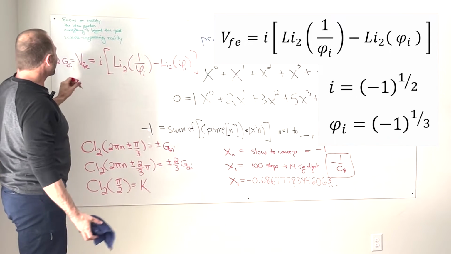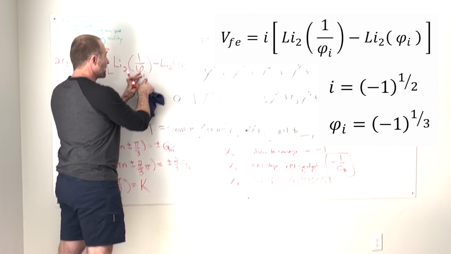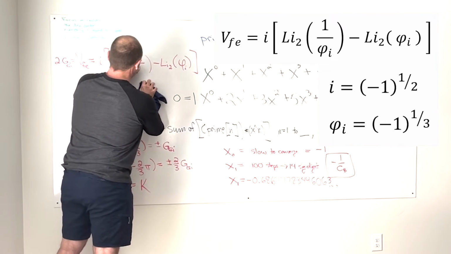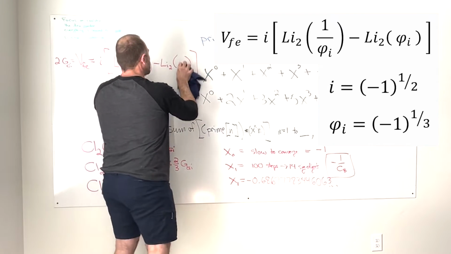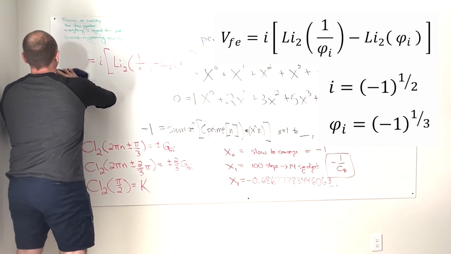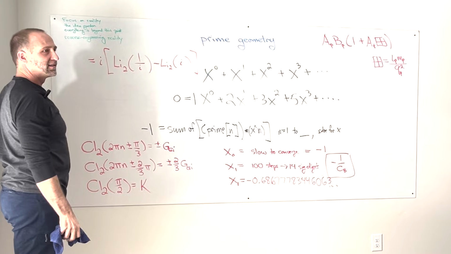Now, if instead of the imaginary golden ratio, we put just i, what would happen here? That's a good question. I think we're going to see a pretty cool transformation.